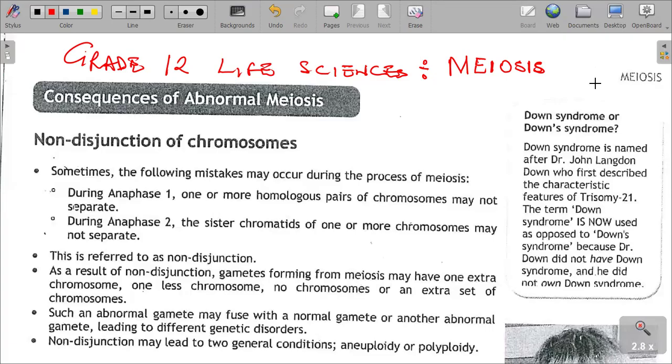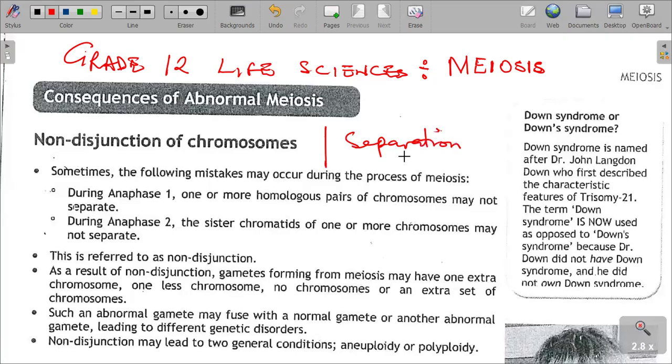Non-disjunction of chromosomes is a typical example of abnormal meiosis, non-separation. We call that non-disjunction or non-separation because these words are the same.